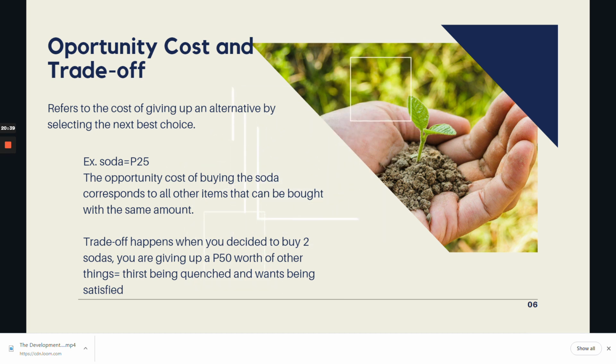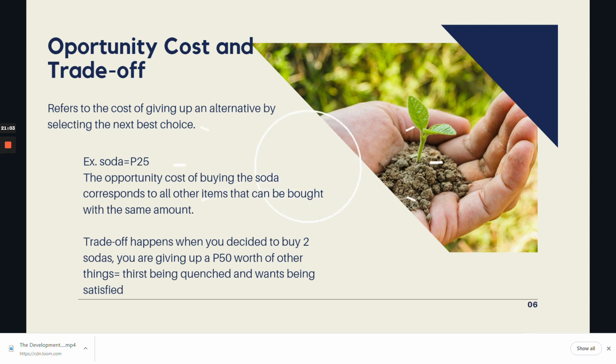No, pag ni-give up na kag other needs to satisfy the other needs. So in our example, the good points a consumer got from losing the 50 pesos are the position and consumption of the soda drink or soft drink, his thirst being quenched, and his wants being satisfied.